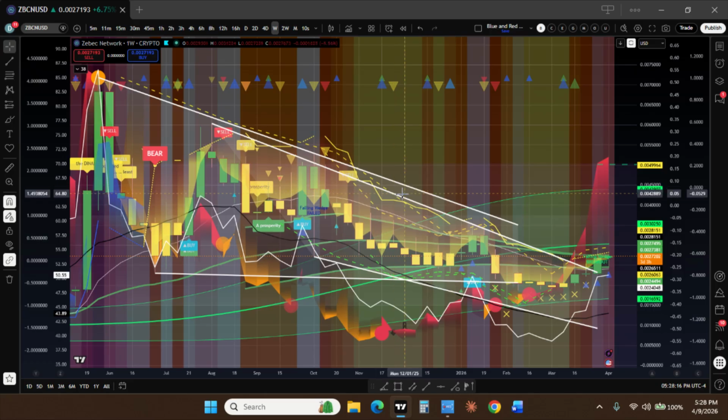They should really classically be, because they're white, they should be falling wedges, which means if we break the upper plane, we can go higher. This one here was a failure. It says falling wedge failed, but you have another one within it, and we broke the upper plane. So this one so far has been successful. As long as you break the upper plane, you're good.